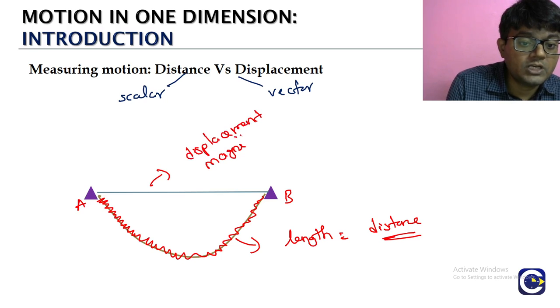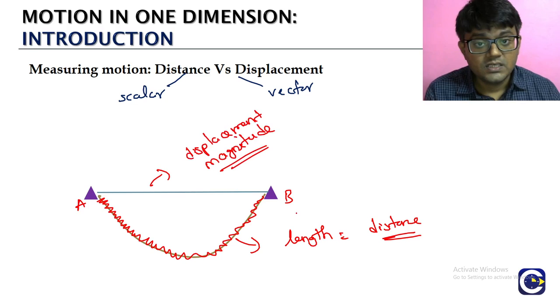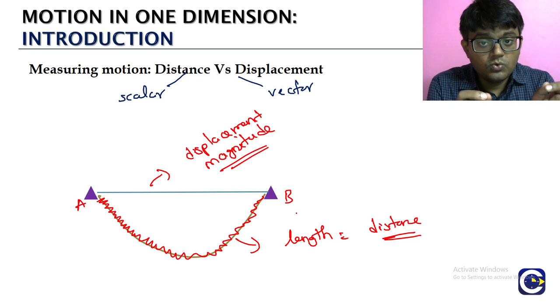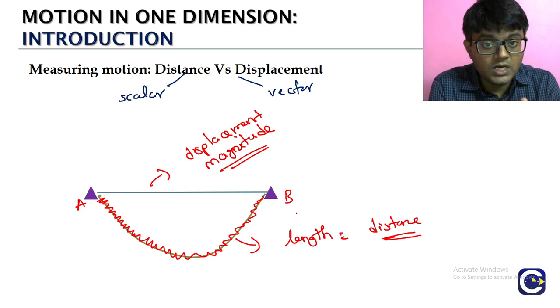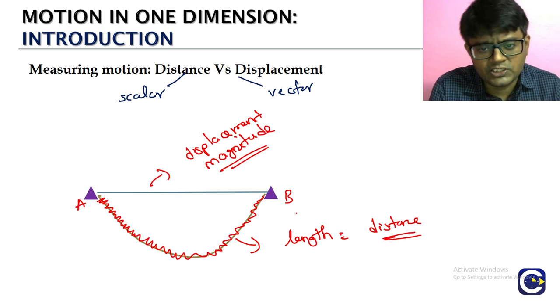So why are we particularly using the word magnitude? Because whenever there is a vector, that value or measurement is what we call the magnitude of the vector, okay. And vectors will always have the direction associated.